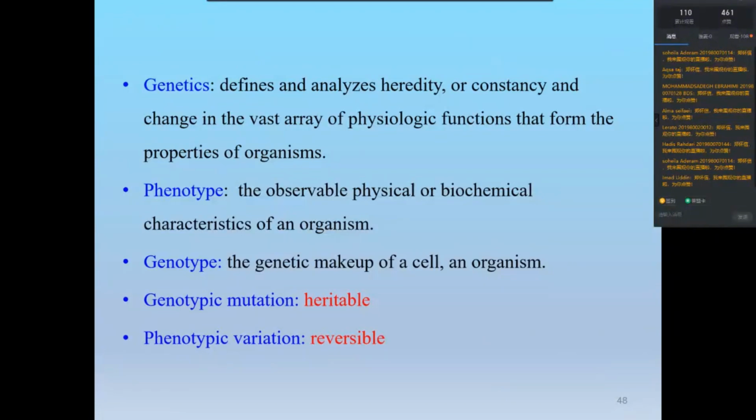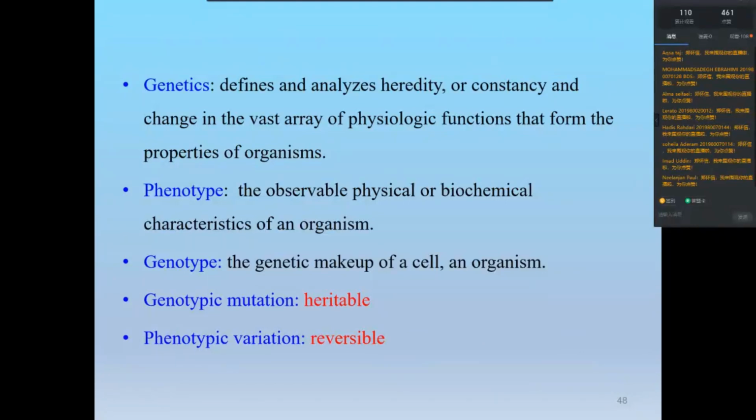All these physical and biochemical properties can be defined as phenotype. While genotype means the genetic makeup of a cell or an organism. Genetic makeup means what their genetic material is, what their DNA is. So that's the genotype.